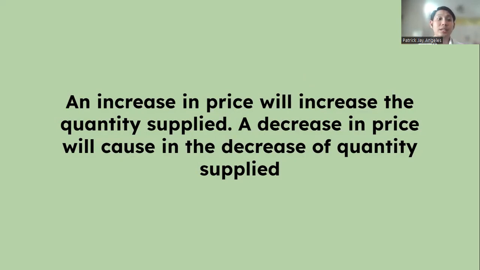When there is a decrease in the price, this will cause a decrease in quantity supplied, because it lessens the motivation of the sellers to supply more since they will be getting a smaller profit because of a lower price. But if there is a higher price, their motivation is higher and they will produce more. So it is a direct relationship.